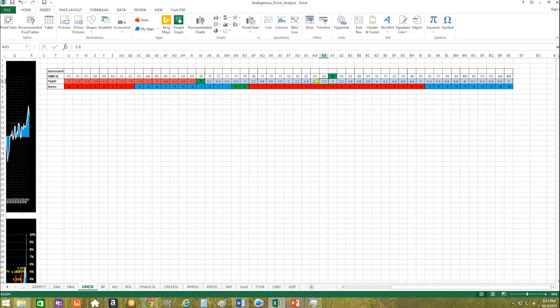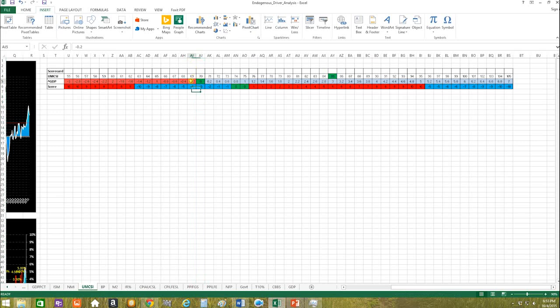And as GDP growth is predicted lower, obviously the UMCSI is predicted lower. We end up with situations like column AJ, where if the UMCSI is at 70, historically this is consistent with no growth in the US economy, so real GDP growth of 0.